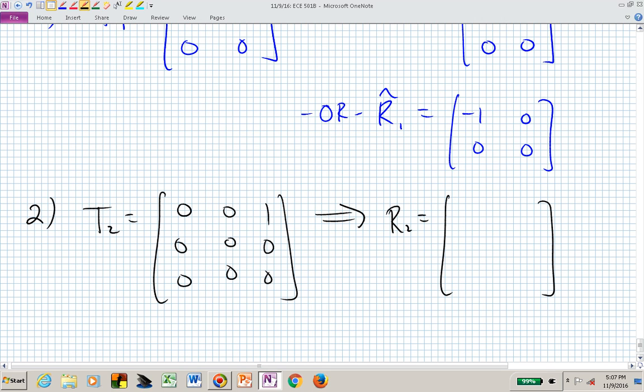What's one way of creating T sub 2? Is T sub 2 the same thing like T sub 1? If you multiplied T sub 2 times itself, do you get back T sub 2? What do you get if you take T sub 2 times itself?